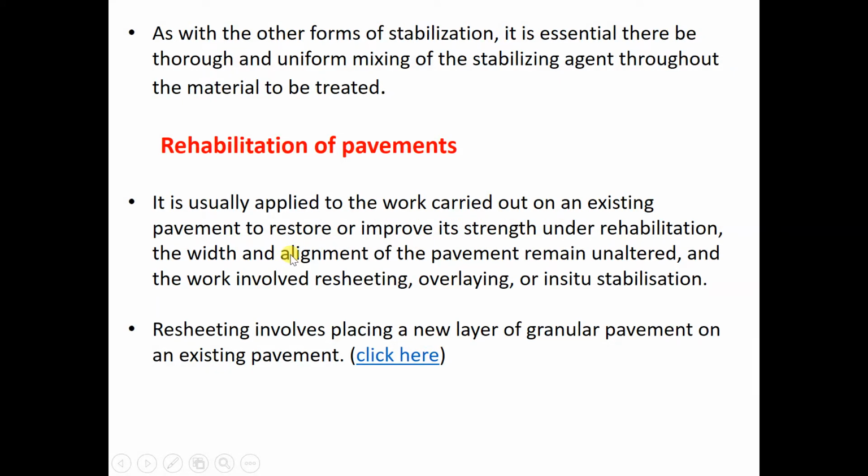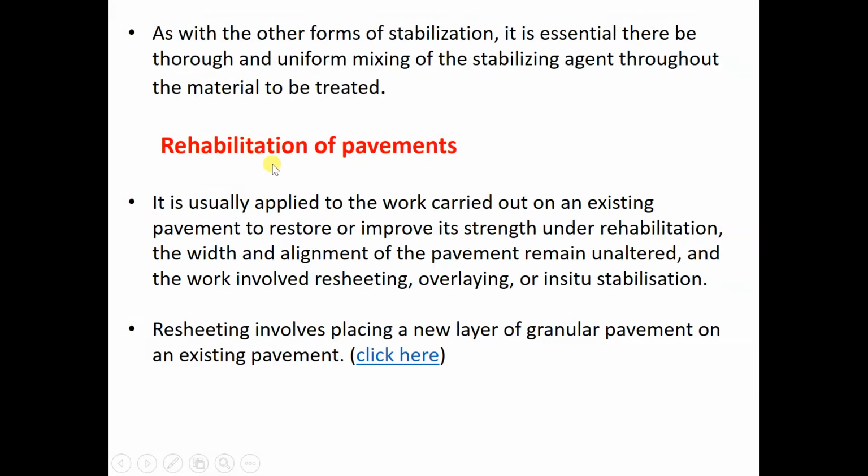It's not construction of road. Construction of road means that it's a new road, or reconstruction. Reconstruction could be an existing road that you need to reconstruct to make new again. But rehabilitation is quite a heavy repair.